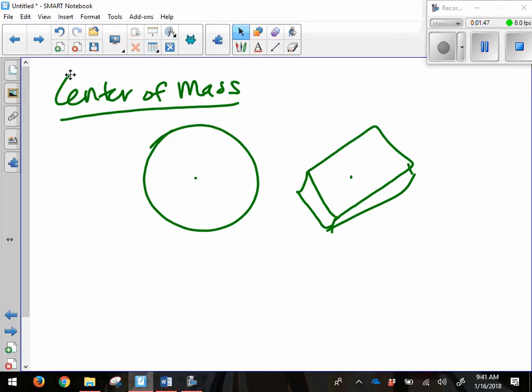And we did a problem last week where we found the center of mass of the Earth-Moon system. And part of what we did was consider that the Earth and the Moon were both uniform objects as far as density was concerned. We know they're not, but it was an assumption that we made.